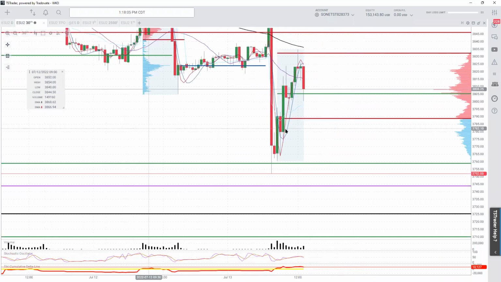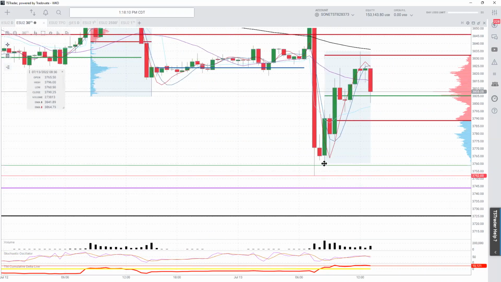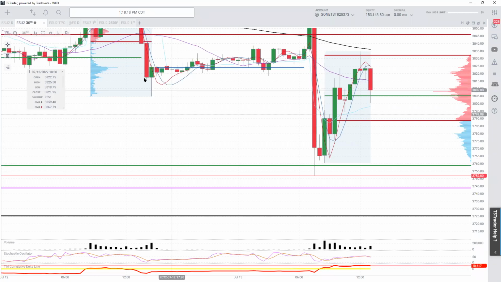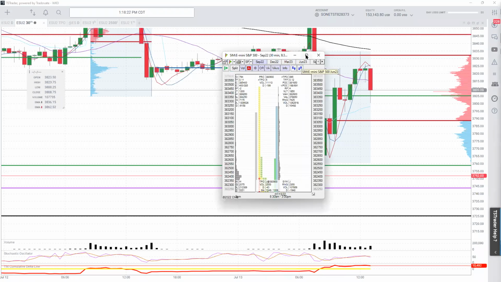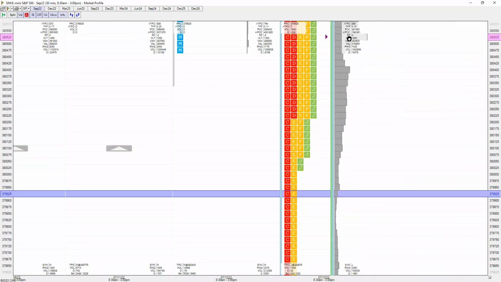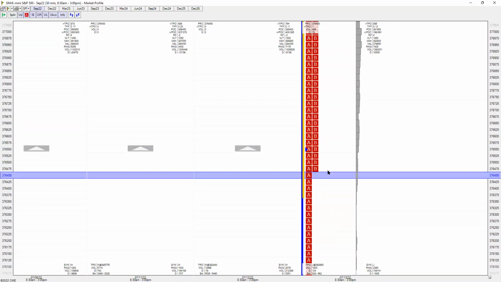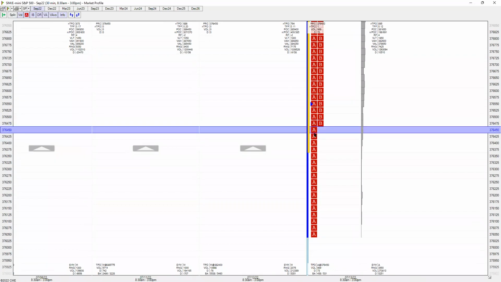Okay. B period opens up. Here it is. This is before the open. B period opens up, trades, and can't take out the low of A period. Okay. I'm going to use this platform. This is T4 because I think it's a little bit easier to see in this regard. Here's the opening range, a big opening range.